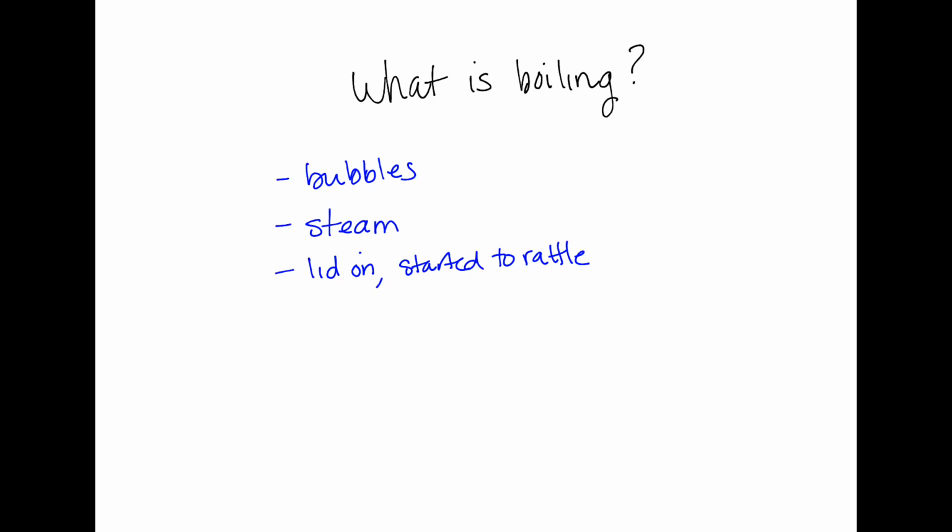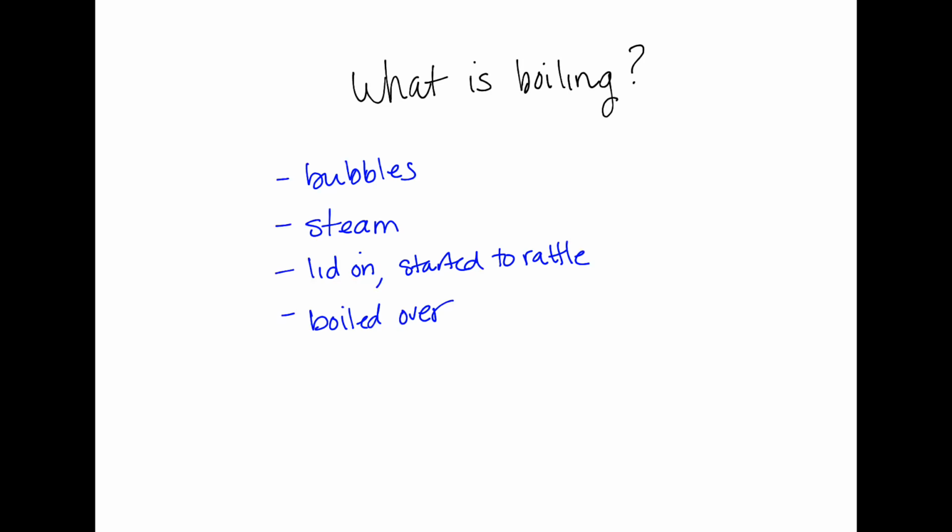Okay. Sometimes people say things like it boiled over. That's the same thing as like a lot of bubbles. Those are all observations that I've heard people say when they're thinking about how they would know that their water is boiling. And these are all true. You can tell that water is boiling by seeing all these things.